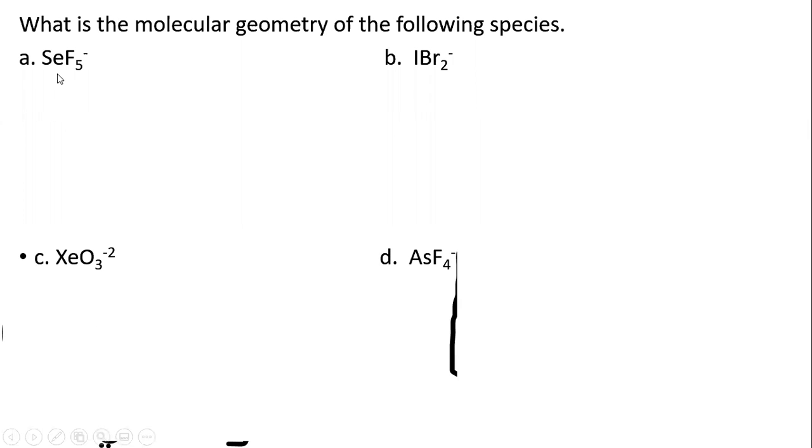So here we have selenium pentafluoride. And again, you can use that little trick. So here we have a total of valence electrons of 42.